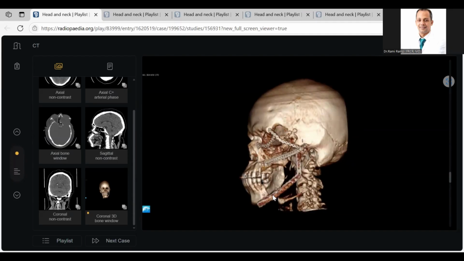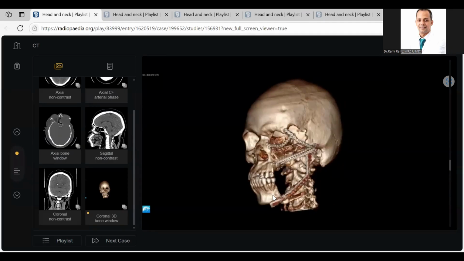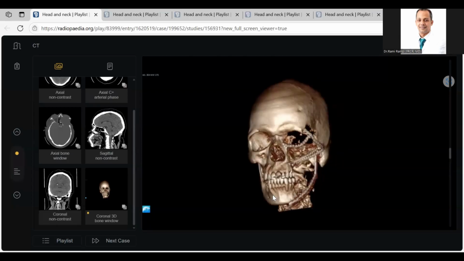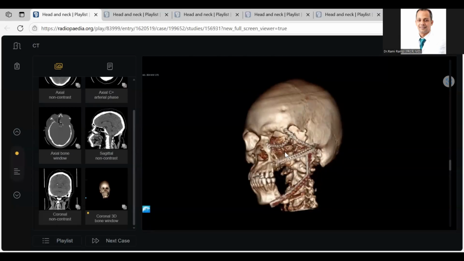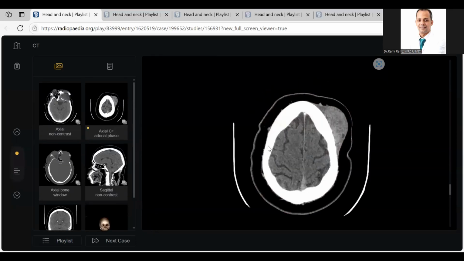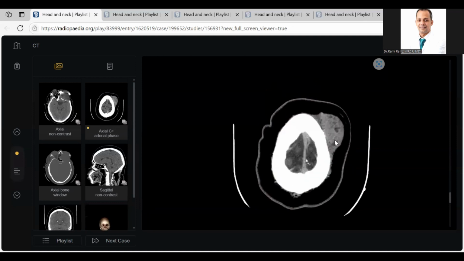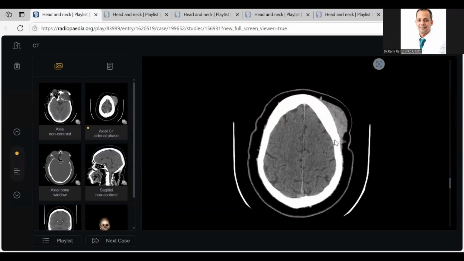Part of the mandible, a malignant or aggressive mandibular lesion, probably extending to the orbit. What's your opinion about the resection? There is a new mass. Please give me your final diagnosis.